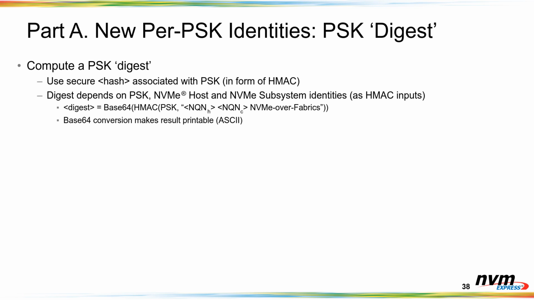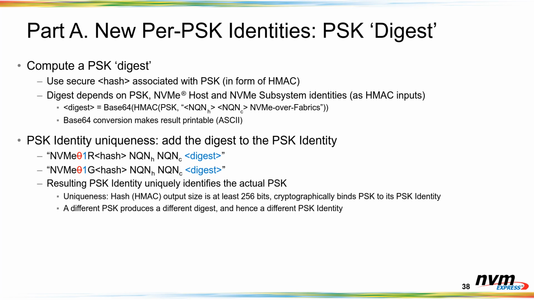This results in a bit blob, and we transform it using base 64 into an ASCII printable result. Once we have computed the digest, we add the digest to the PSK identity. And so in this way, we are able to get the per-PSK identity.